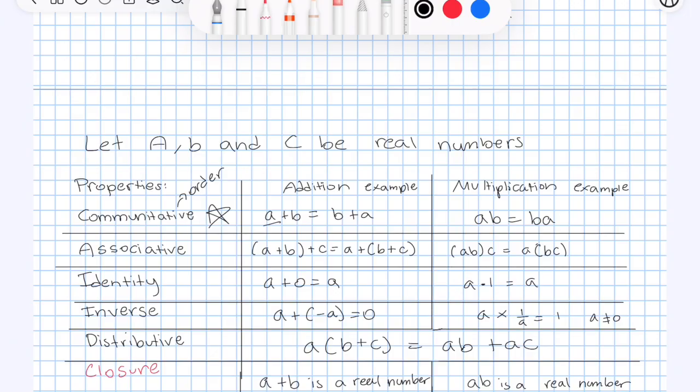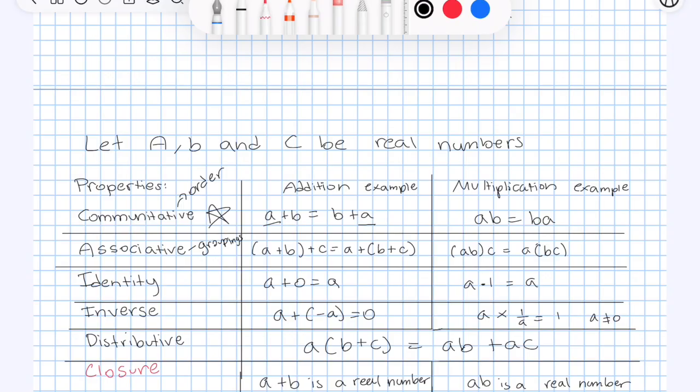That's why a is at the beginning here, but on the right-hand side of the equal sign, a is at the end. In the multiplication example, ab is equal to ba. It's also an example of the commutative property. The associative property is about the groupings.